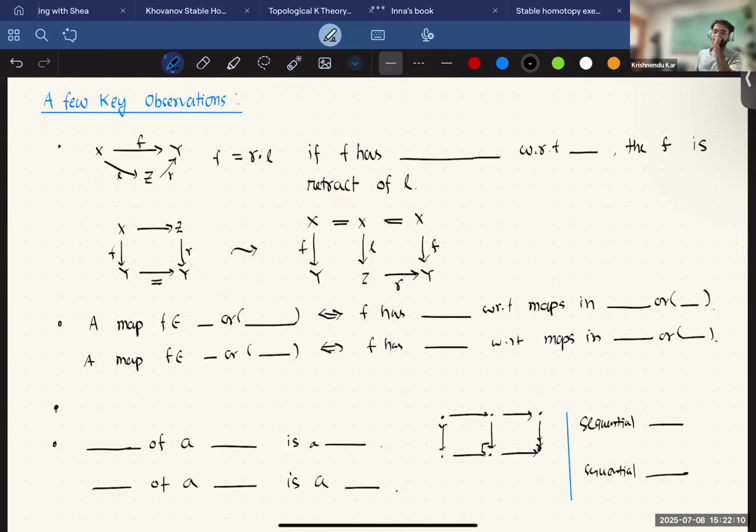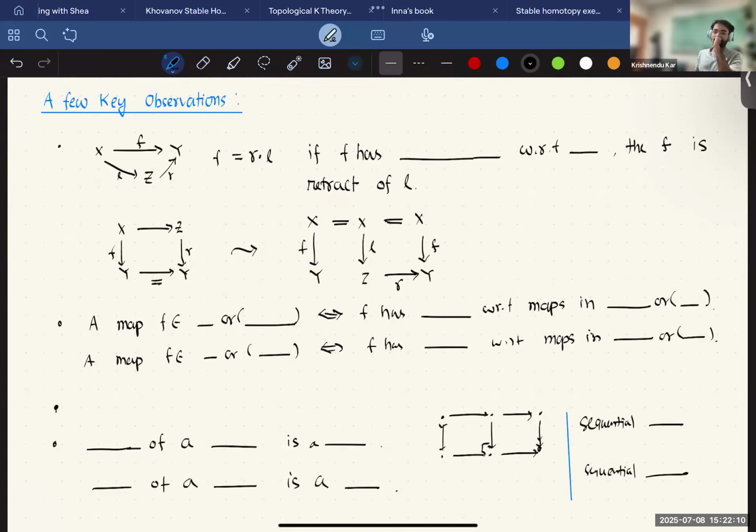Now from here, you can conclude this. A map F is a cofibration or a trivial cofibration if and only if F has the left lifting property with respect to the maps in, for cofibration, trivial fibration, and for trivial cofibration, fibration.